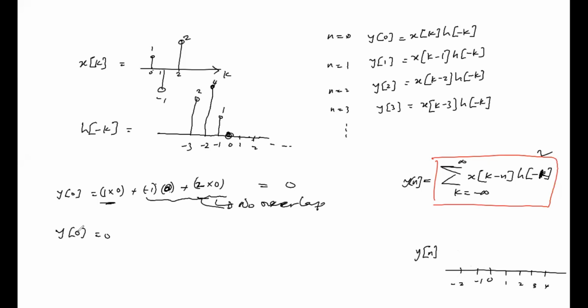So right now at y of 0, we have 0. Oh, no, what am I doing? This is 0, right? So at this point, we have 0. That's the first signal point there.